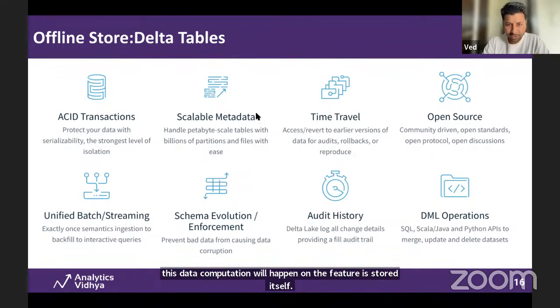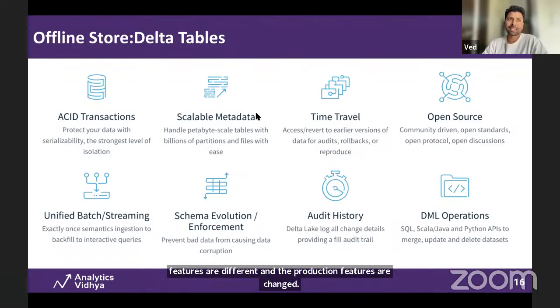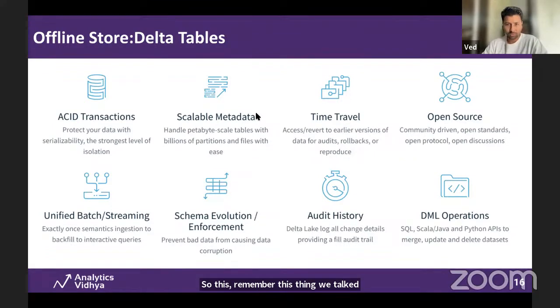Okay, the next question that we have: while training, features are different, and in production features are changed, how to handle this situation? When your training features are different and the production features have changed, remember this thing we talked about, training serving skew.